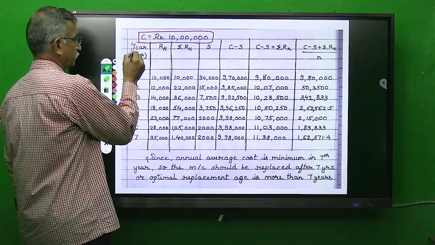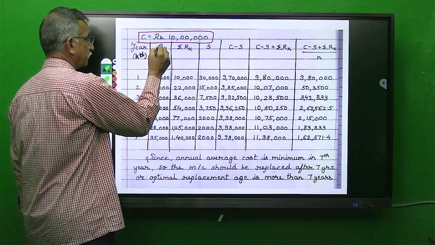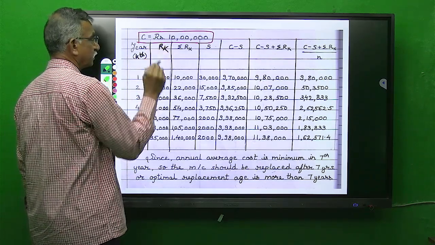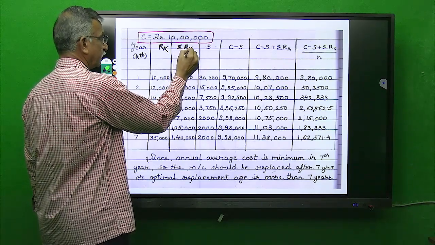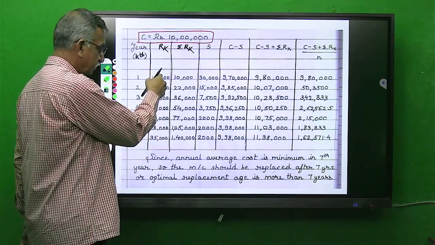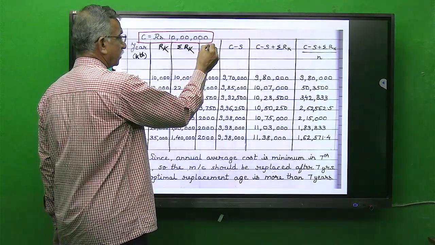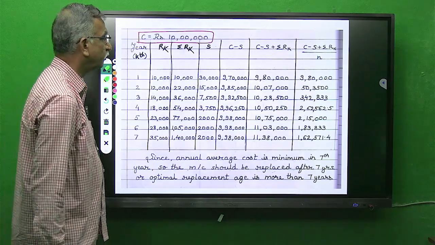First column stands for year, and year is kth year. Then this is RK students. This second column is summation RK, which we have already calculated in the previous slide. So cumulative addition of all these. Then this is the column of salvage value, where we have written the salvage value.